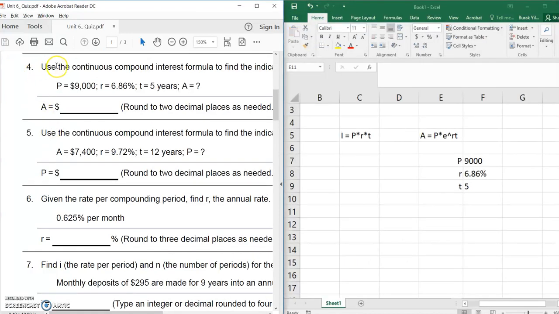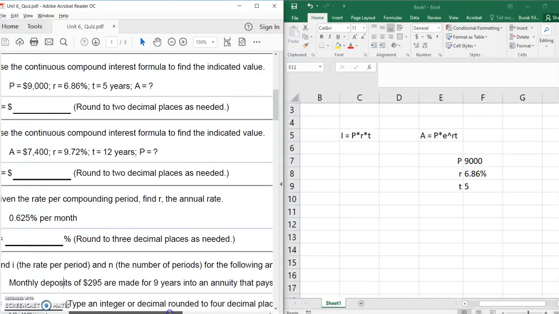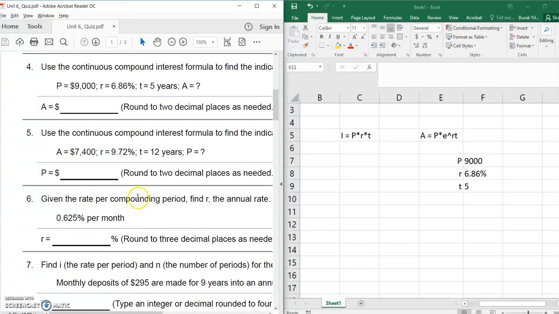So number 4 is a question about continuous compound interest. The formula is not given in the question, but you can find that in your course notes. The formula is basically A equals P times e to the power, so this is exponent, e to the power r times t.